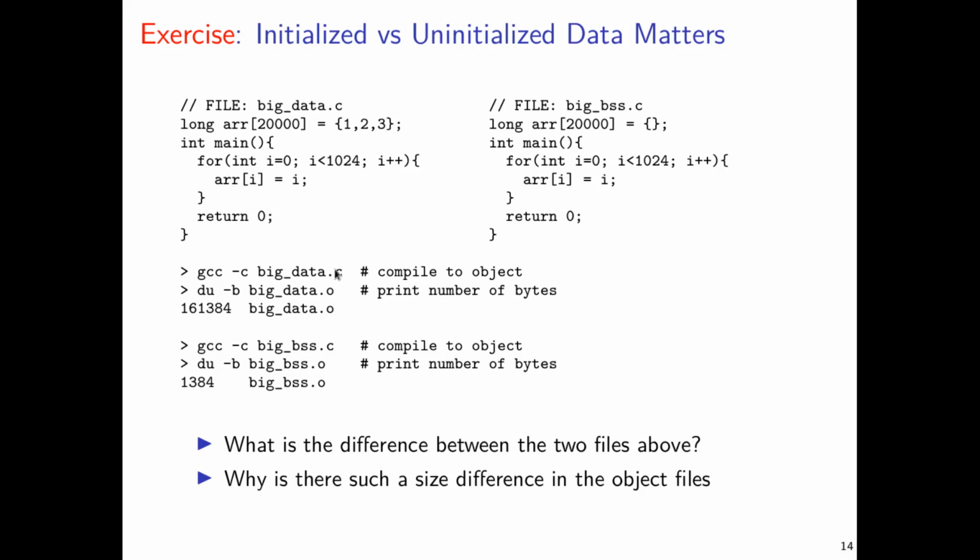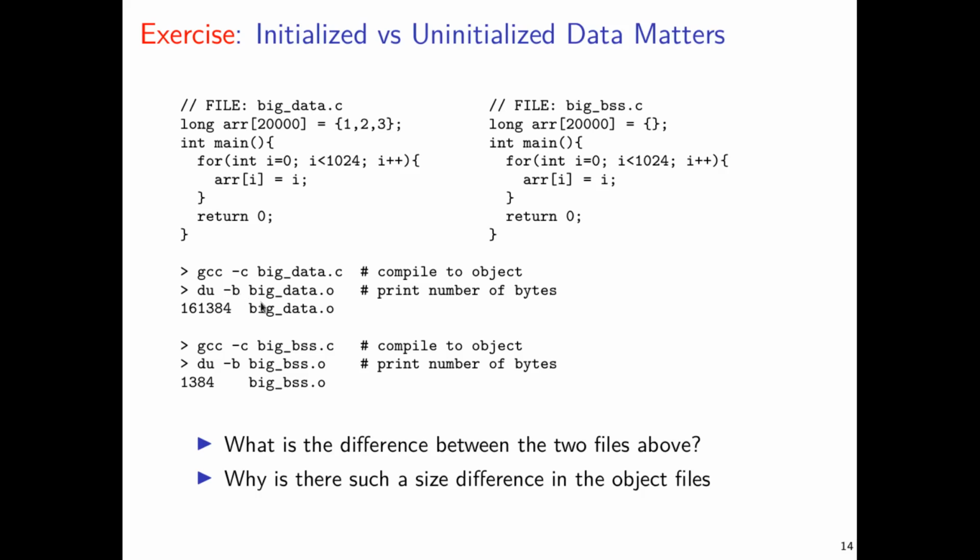Once I compile only the bigdata.c with GCC, I get an .o file. Once I compile only this big BSS, I get another .o file. And if you use this handy little utility du, short for disk usage, and ask for how many bytes are in this file, we see a somewhat striking difference.